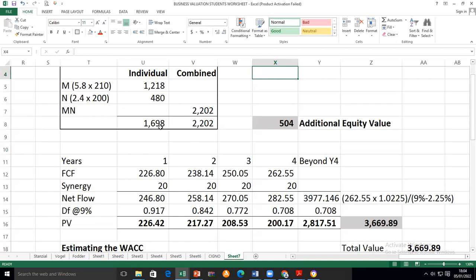So it means that when these two companies combine, there's an additional value 504. Now, how much of this are we willing to give to N? Because remember, they wanted you to give a comment. So in your comment, you're going to say that this combination gives a maximum value of 504. So all this value can be paid to N. So on top of 480, the maximum premium it can give them is 504.